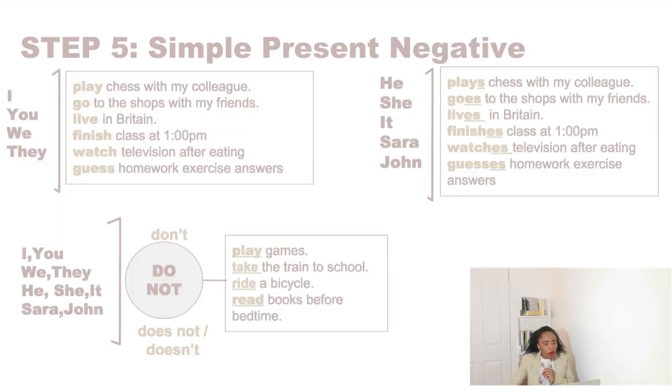So we are now going to move on to the contrast. If you look on this section, we have the affirmation in relation to I, you, we, they, okay? And in the parallel column, we have the affirmation in relation to he, she, it, Sarah, or John.